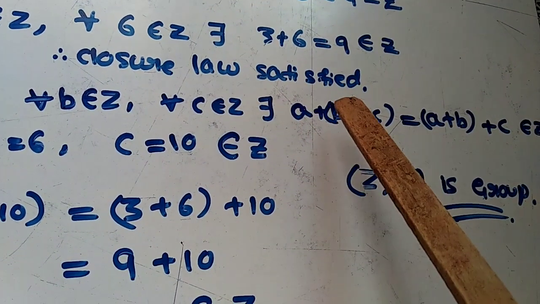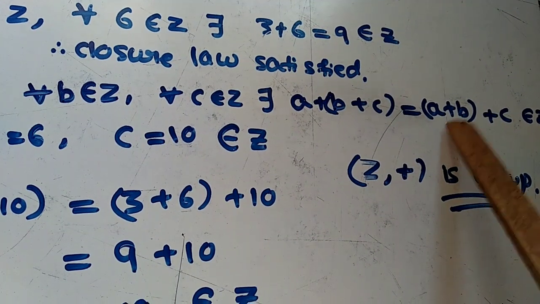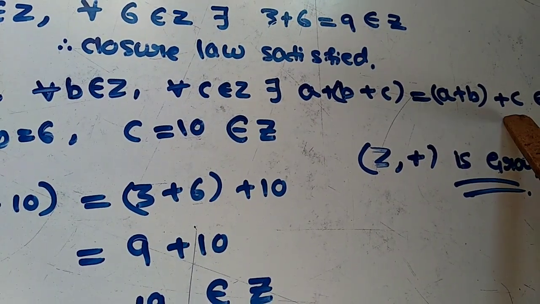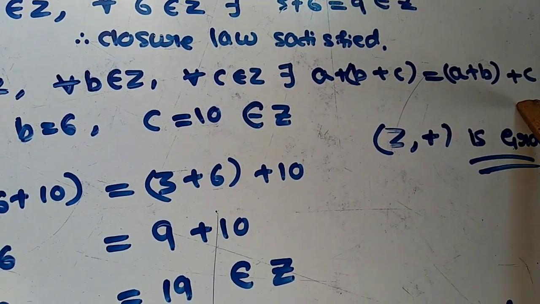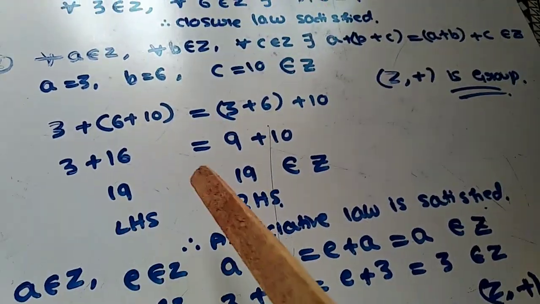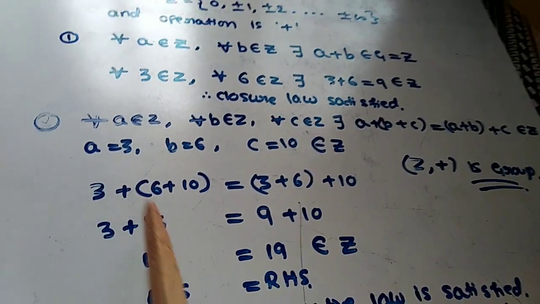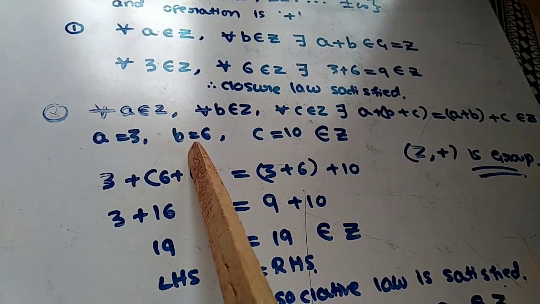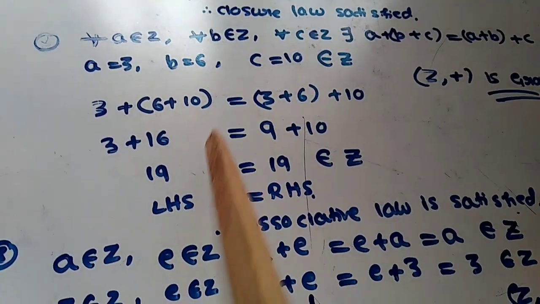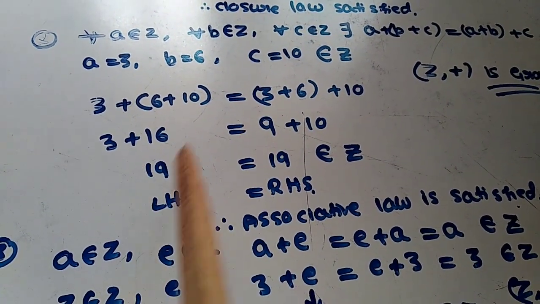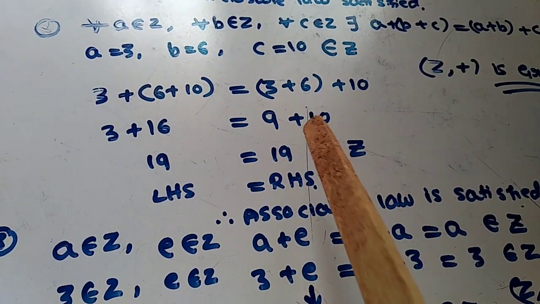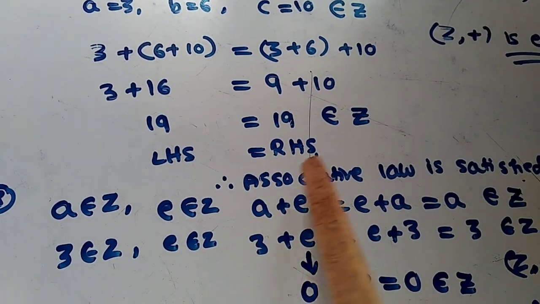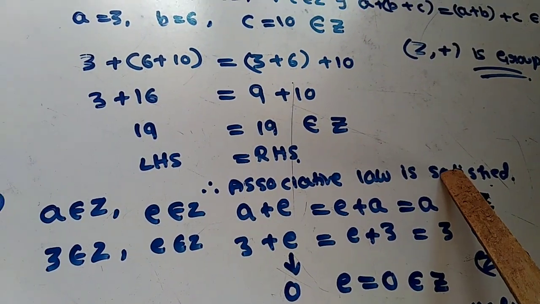If you get LHS equal to RHS and that answer belongs to Z, then your associative law is satisfied. Here I take A as 3, B as 6, C as 10. I get LHS as 19, RHS as 19, and this 19 also belongs to the integers. Therefore, the associative law is satisfied here.